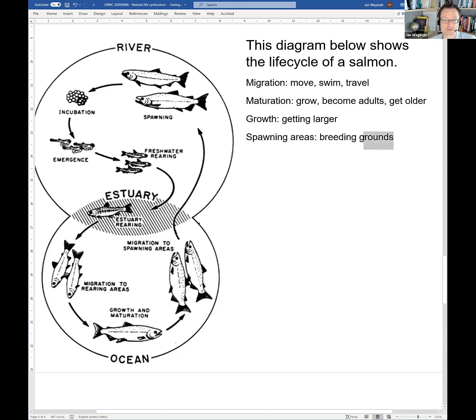This isn't ground like the dirt. This is like playground. Okay. So for them, it's usually plural. So spawning grounds, breeding grounds. Spawn, I guess we can just say breed.